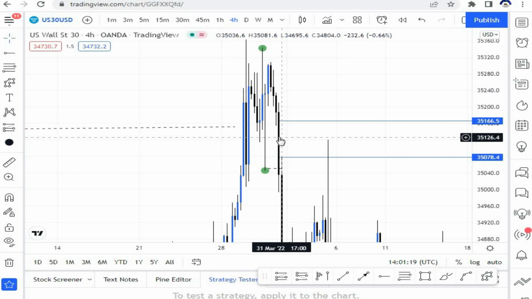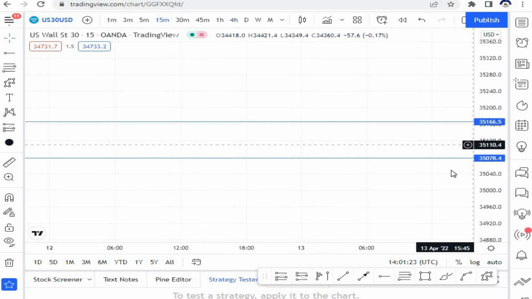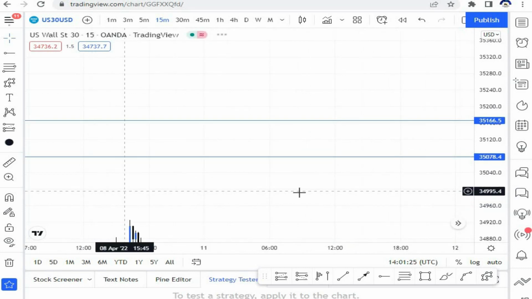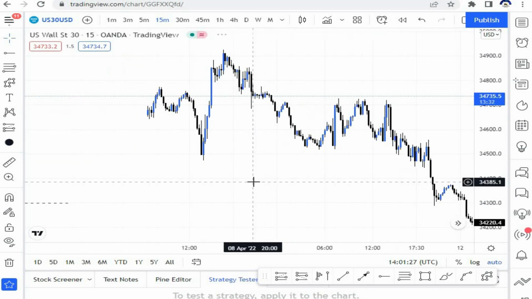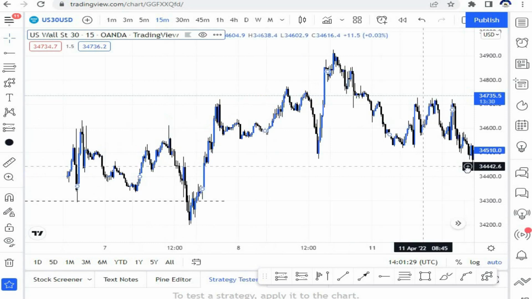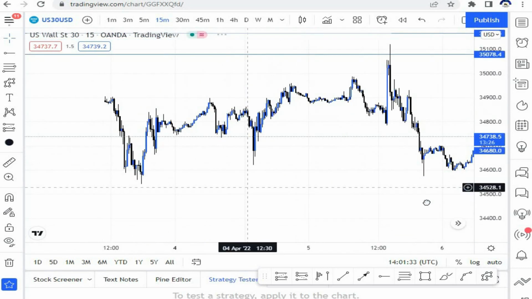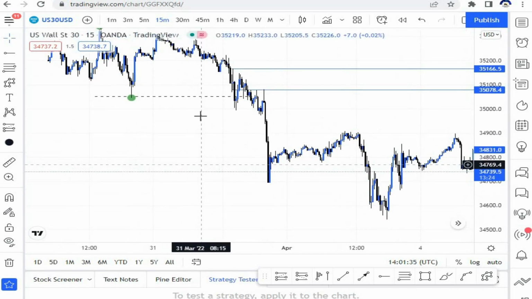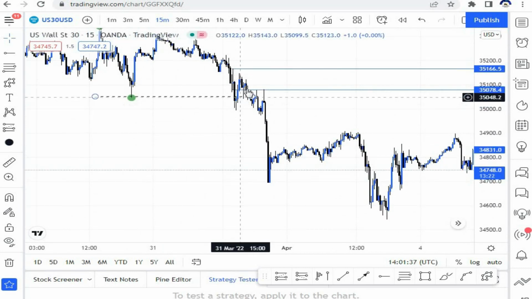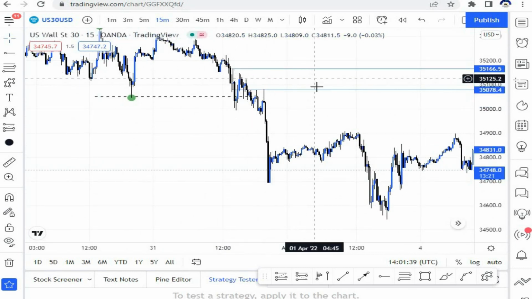Oh, there was no opposite candlestick though, but we're gonna show you some examples with opposite candlestick, which will help you to understand that this is a base area. So we had a drop base drop right there.